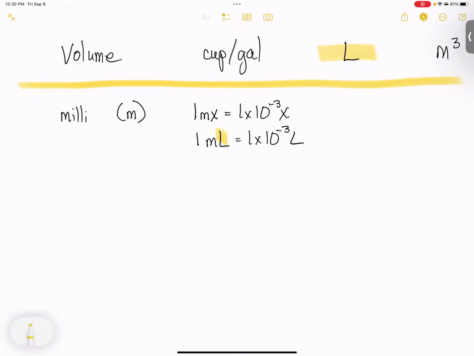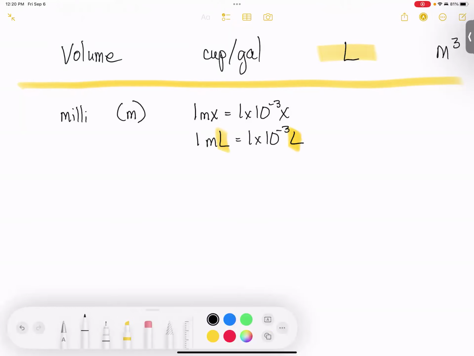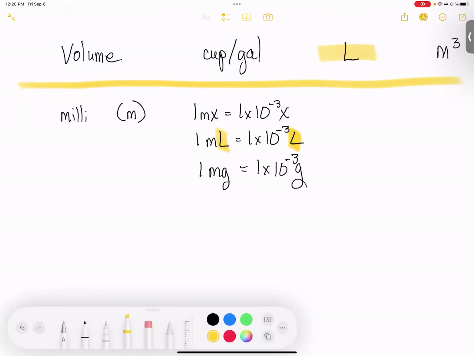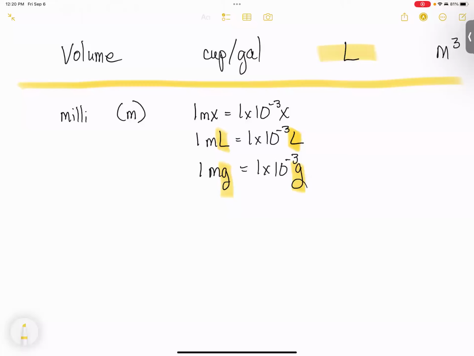The X is just indicating a unit there. Or if I put 1 milligram, it's equal to 1 times 10 to the minus 3 grams. The X just indicates the unit that the two pieces have in common.